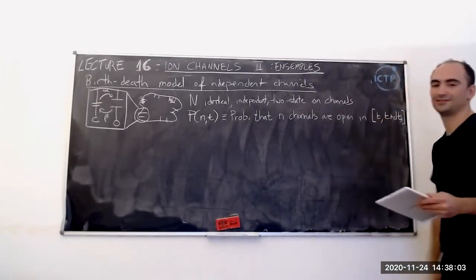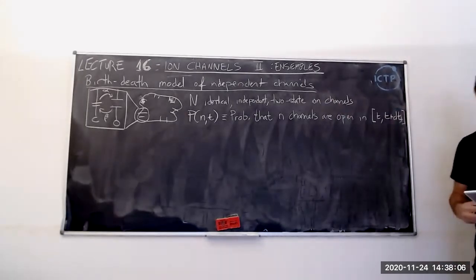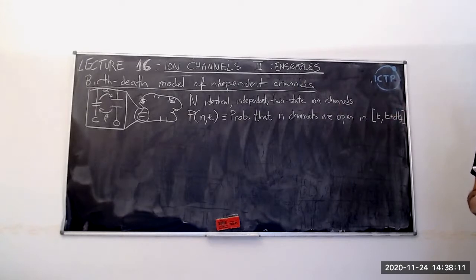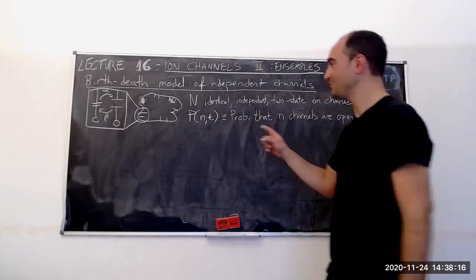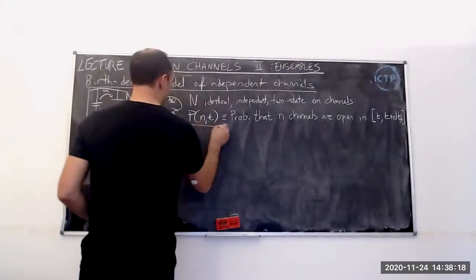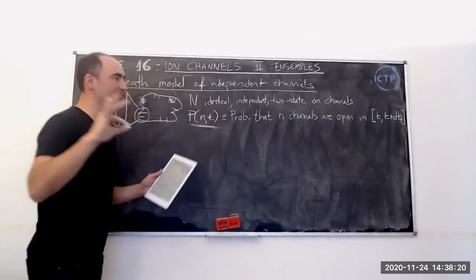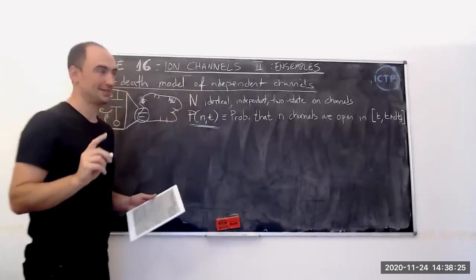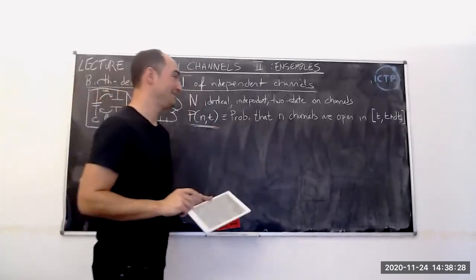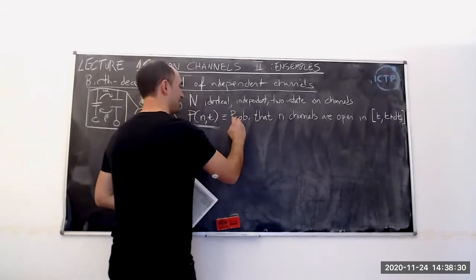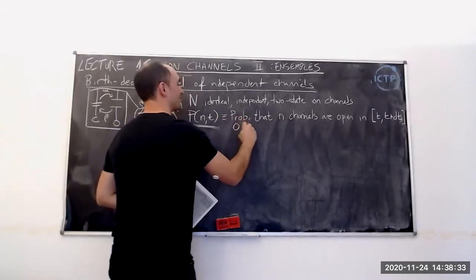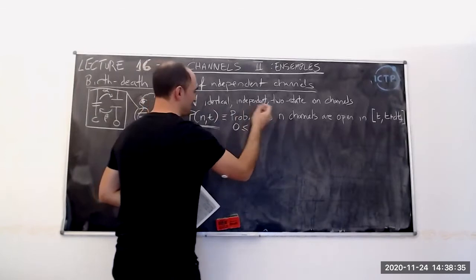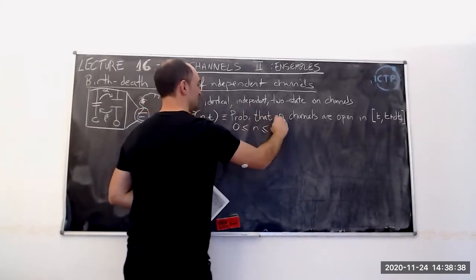Okay, right? So you can think about it in different ways. We can do very different models, but we would like to know this quantity, okay? So I have big N channels, the amount of channels. This is finite. And small n can be 0 or can be 1, can be 2, can be 3, up to N. Right?